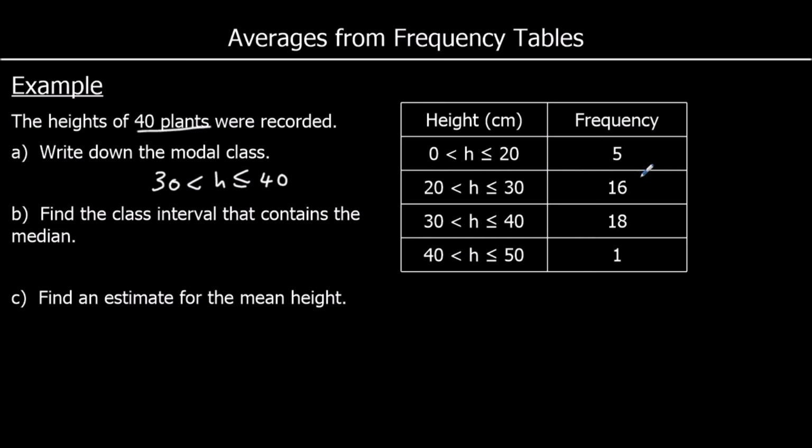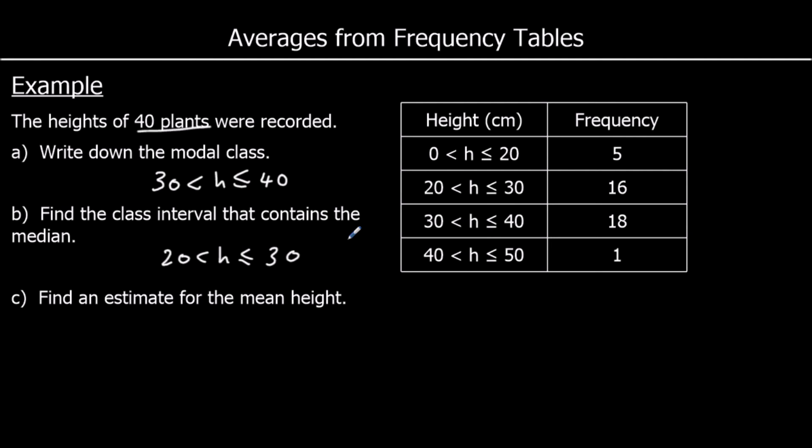And the 20th and 21st plant are both in the 20 to 30 group, because 5 and 16 makes 21. So the 6th, 7th, 8th, all the way up to 21st are in the 20 to 30 group. So the median must be in the 20 to 30 group.